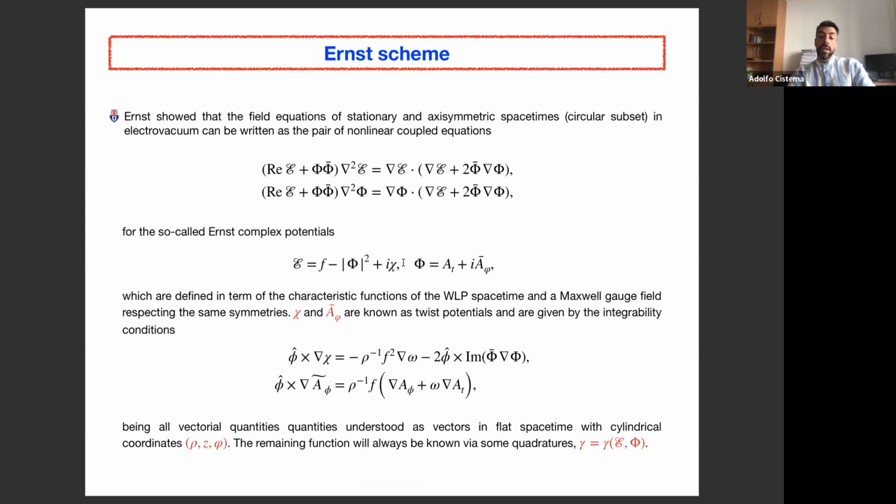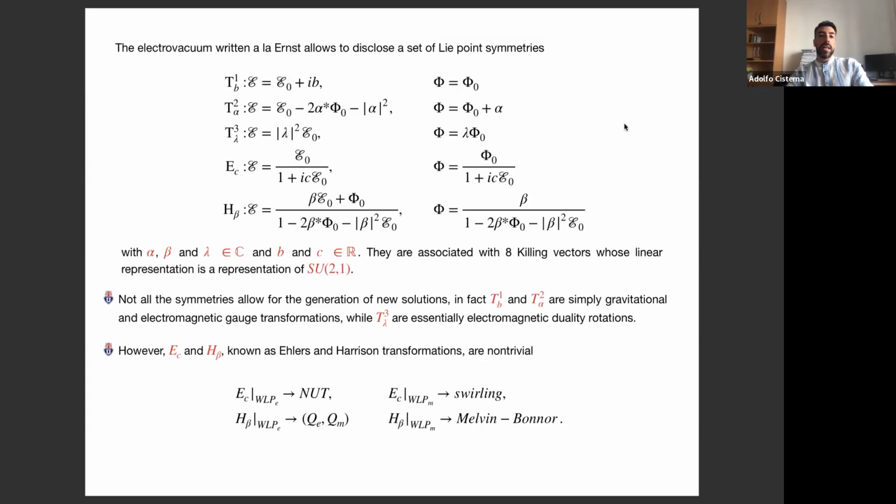The main use you can find of this scheme is that these equations, the Ernst equations, which are nothing else than Einstein-Maxwell equations written in a more sophisticated manner, are invariant under a set of Lie point symmetries that I display here. The first is a gauge symmetry. It's nothing else than gravitational gauge symmetry. So basically, I am taking my gravitational Ernst potential and I am changing its complex part by a constant.